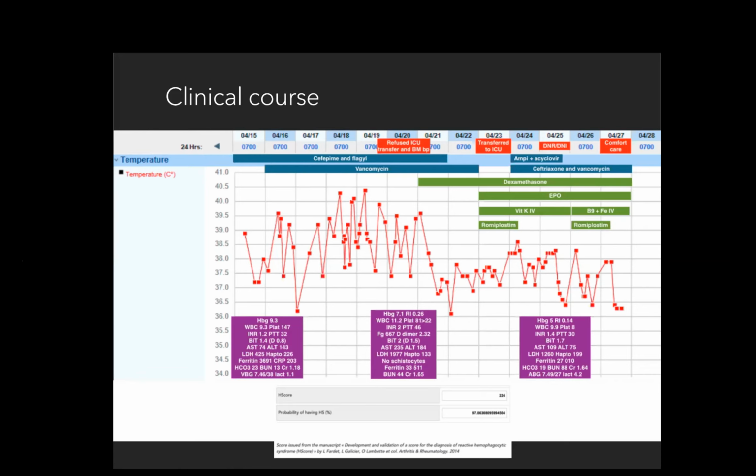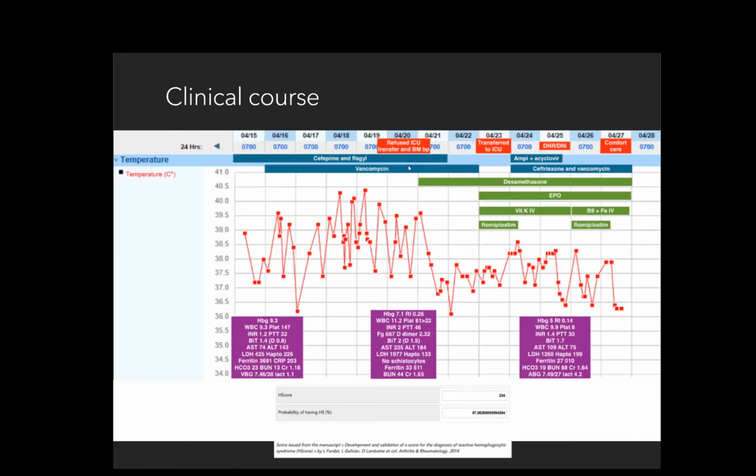He refused that. He refused on the 21st, he refused on the 22nd, and he was transferred finally on the 23rd. At this point, the patient was a little bit encephalopathic. We were trying to transfuse him, but we didn't know that he was raised as a Jehovah's Witness in his family, up until the 20th again.